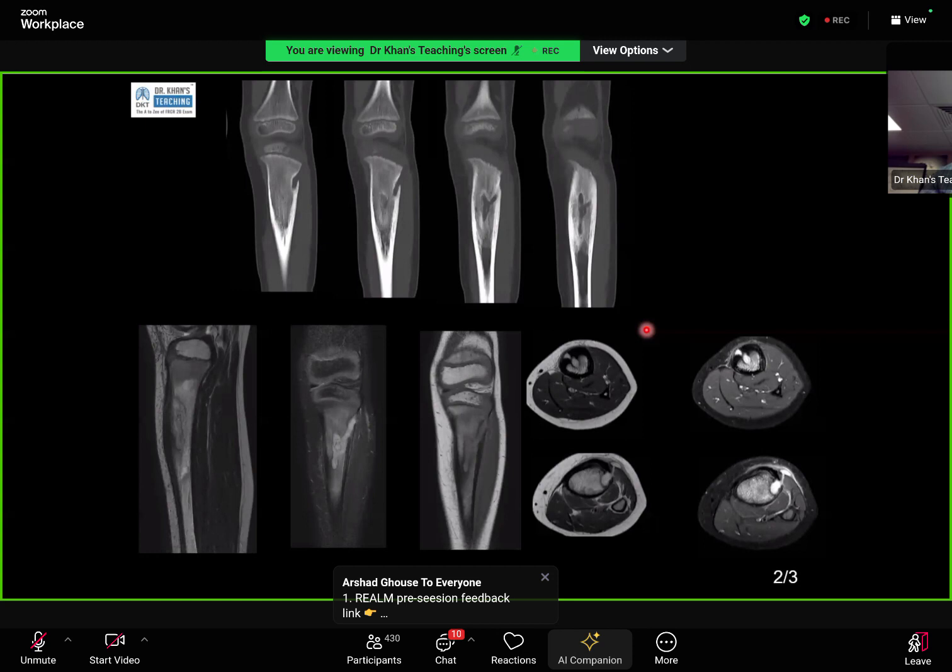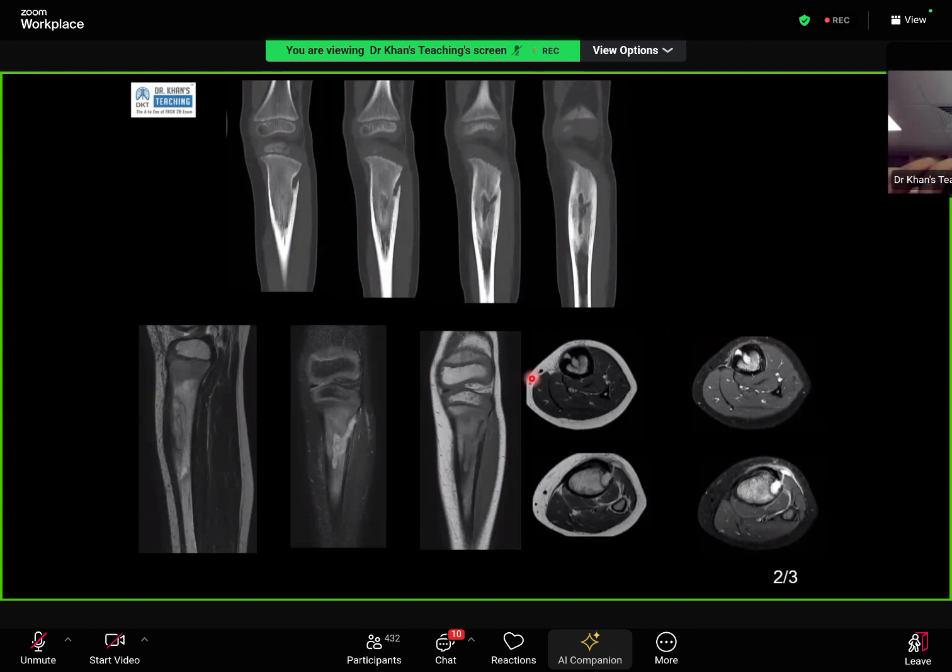On the MRI, I can see an ill-defined hypodense lesion with a hypointense rim on T1 weighted image and corresponding hyperintense signal on fluid sensitive sequences. These are both STIR on the axial. There is also a sinus tract communicating to the surrounding phlegmon. So appearances are those again of chronic osteomyelitis.